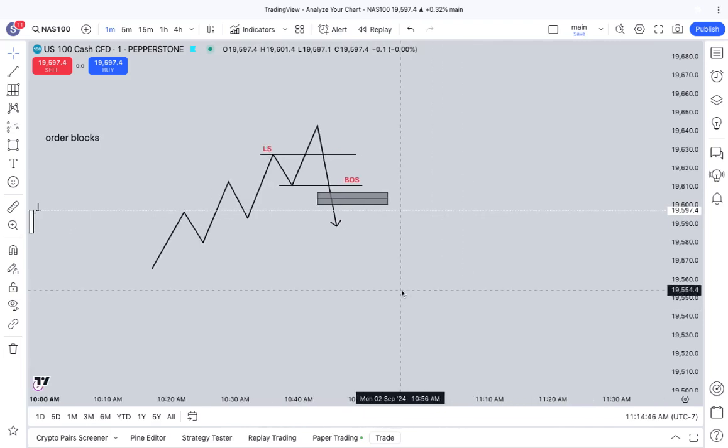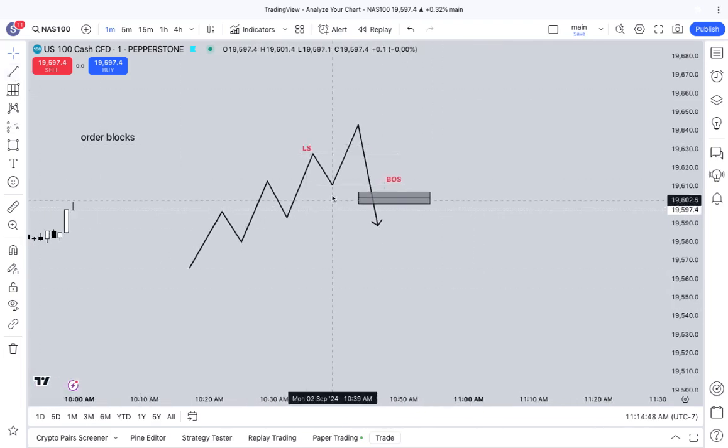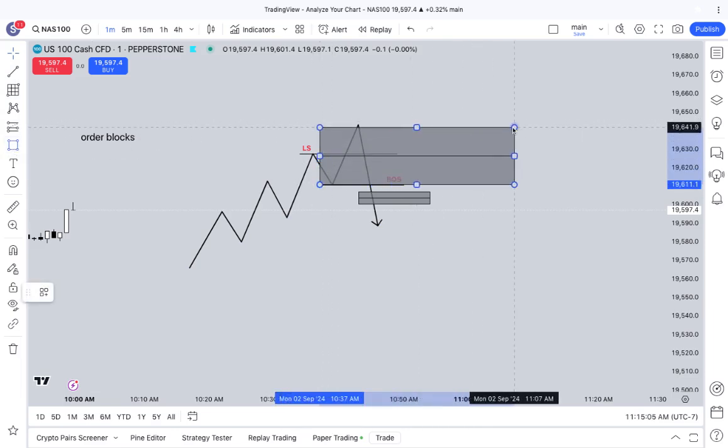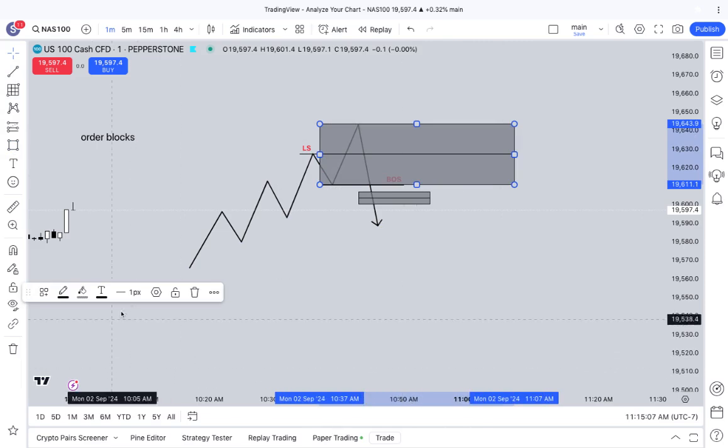So what an order block basically is, is the move up that swept liquidity. Some people just mark the candle and others mark the whole entire move from the low to the high. So let's draw this out. We can use this, so it'd be this area right here.